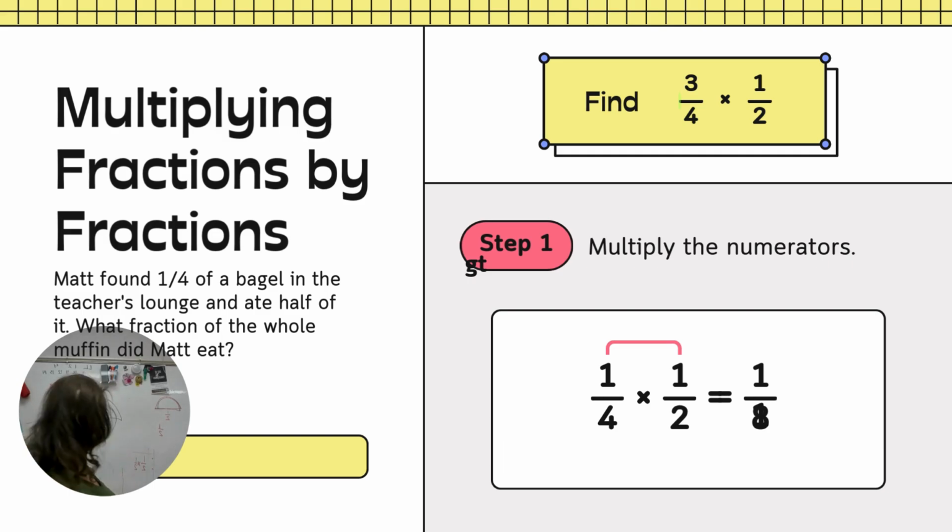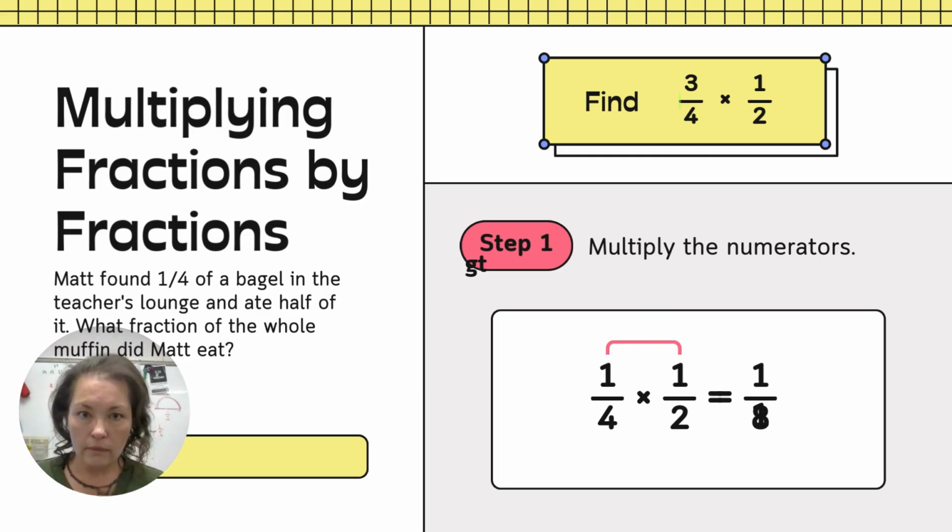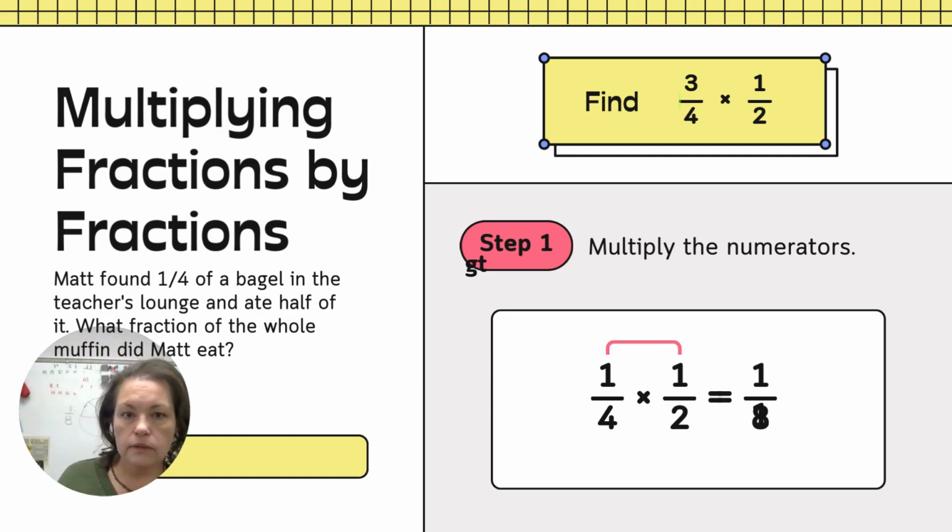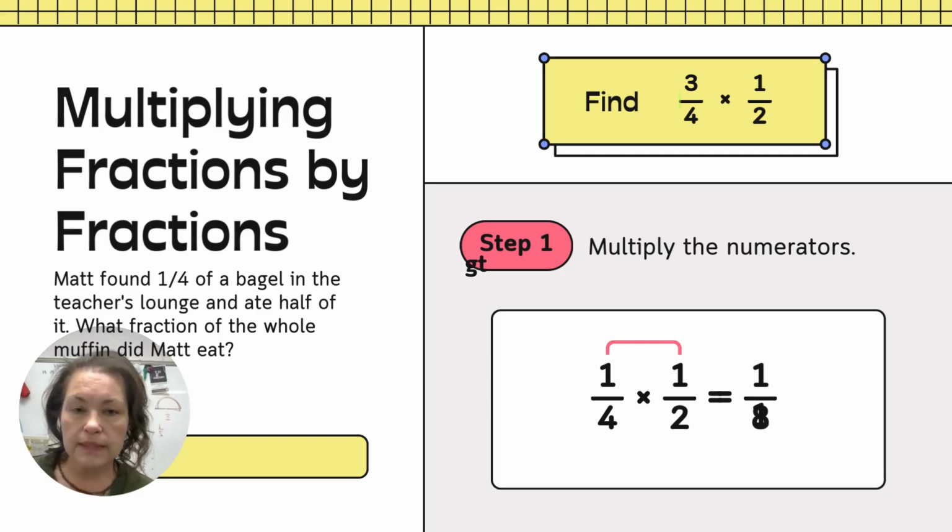And he didn't eat half this time, so we're going to make a half. He ate 1/4 of it, which we know then would be how many parts? 8 parts. So he ate 1/8 of it, but here he ate 1/4 of the half. How could we figure out how much of the bagel he ate? Well, we'd multiply the numerators. 4 times 2 is 8.